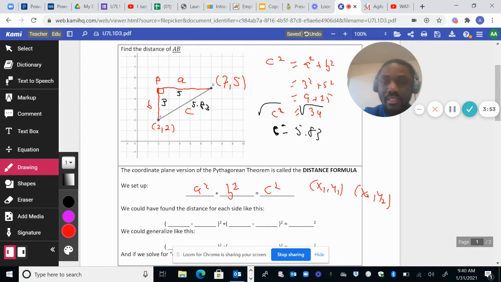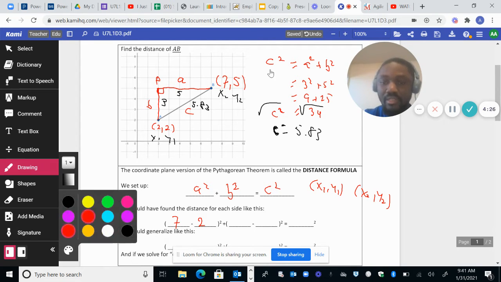In this case, our B here has coordinates 7 and 5. So you take x2 minus x1, that will be 7 minus 2. This is x1, this is x2, y2, x1, y1.